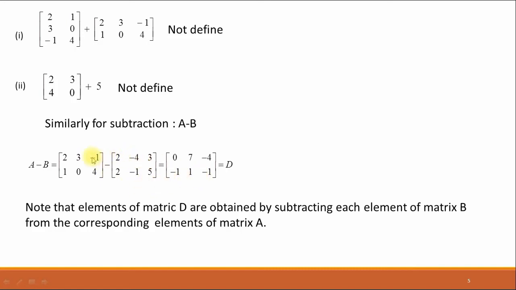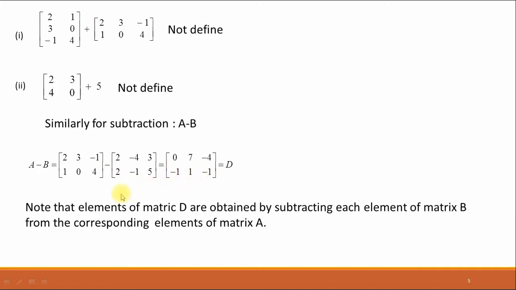Again, I would like to repeat this subtraction. 2 minus 2 is equal to 0. 3 minus minus 4 is equal to 7. 1 minus 3 is equal to minus 4. 1 minus 2 is equal to minus 1. 0 minus minus 1 is equal to plus 1, and 4 minus 5 is equal to minus 1.